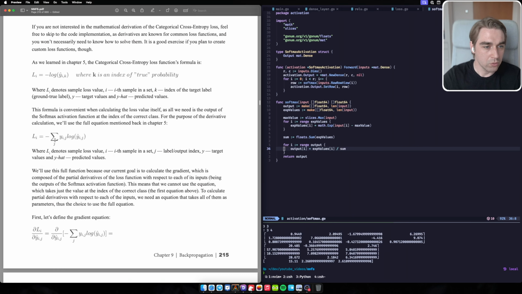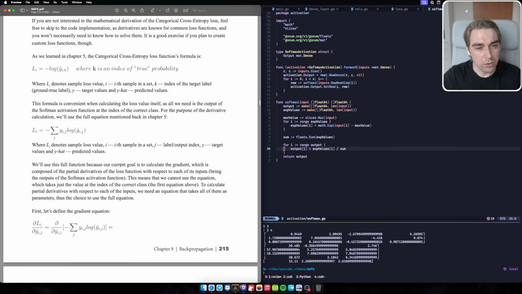And we can remove the sum because for the rest of the classes, the target values will be zeros. This is how we end up with this formula. We'll use this function because our current goal is to calculate the gradient, which is composed of the partial derivatives of the loss function with respect to each of its inputs.